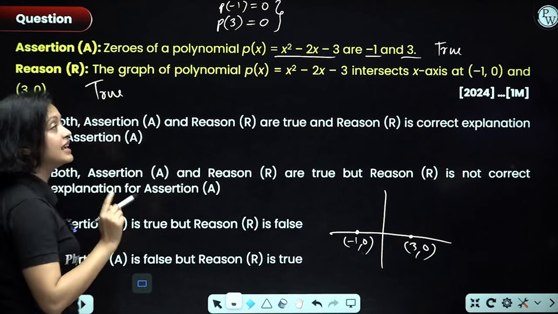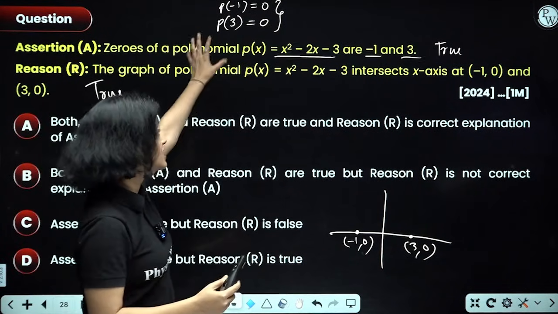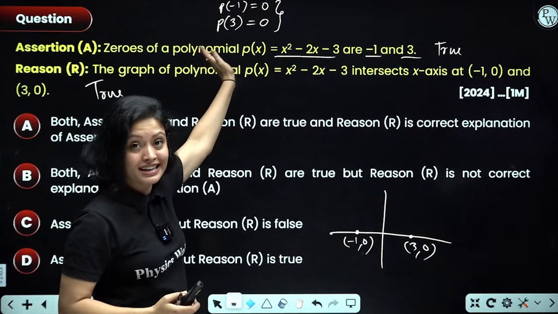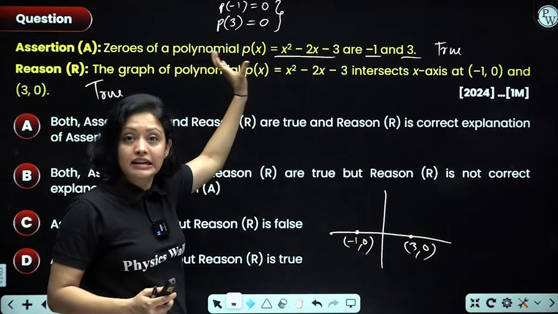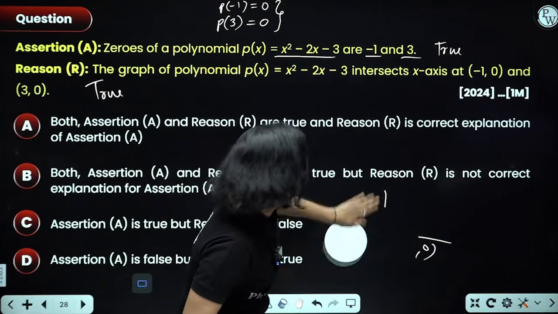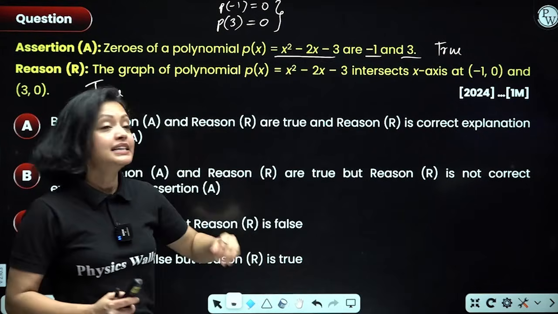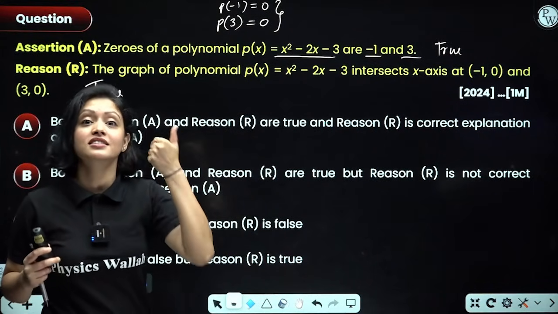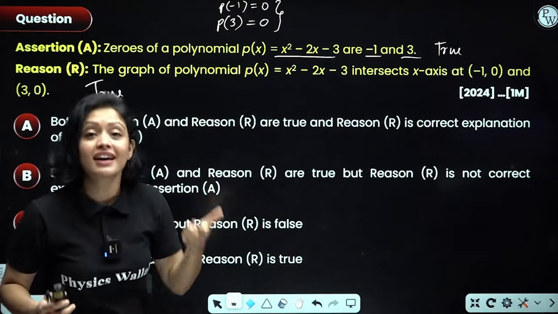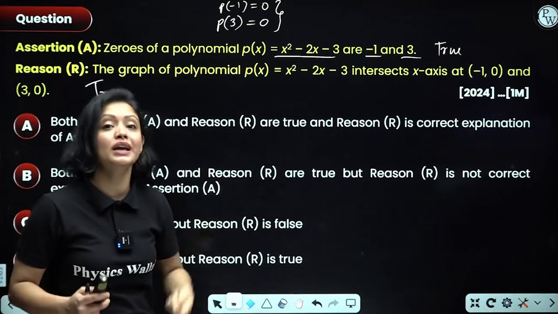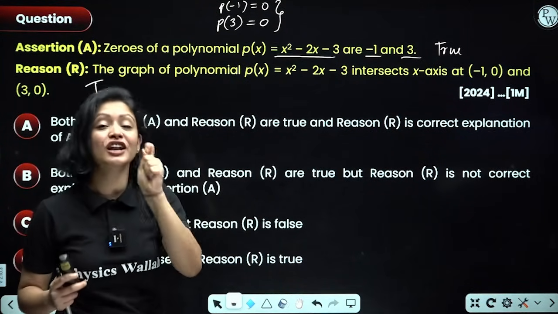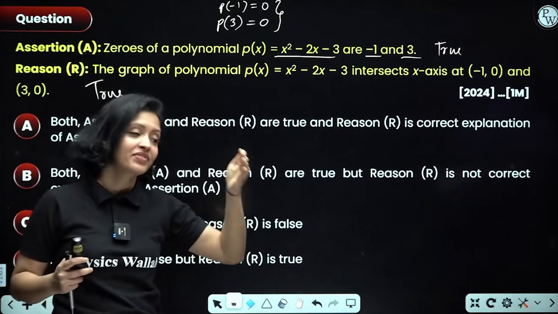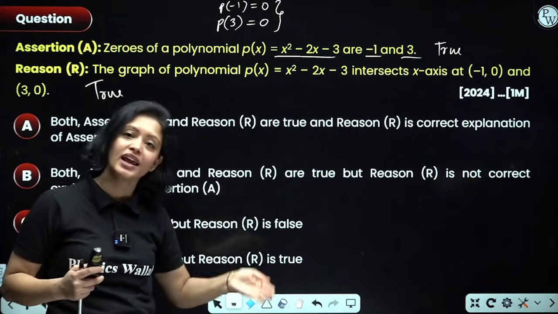And reasoning is like, whatever your assertion is, whatever the first statement is, the second statement is giving the correct reasoning. Right? Since negative 1 and 3 are the zeros of the polynomial, the graph of this polynomial will intersect the x-axis at 2 points and the coordinates of both the points would be what? (Negative 1, 0) and (3, 0).